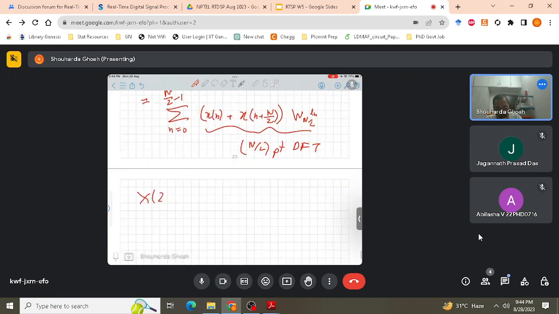And then how do I calculate x of 2l plus 1? This will be calculated as the sum for n equal to 0 to N/2 minus 1 of x of n W_N^(n(2l+1)), break it up, plus the second half with W_N upon 2, l into n.